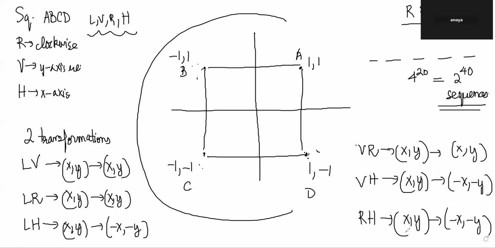So notice that all the six options we have exhausted, right? Six possible combinations of two operations. And you can see that out of the six, there are three options where it is untouched and three options where it goes to minus X minus Y, right?